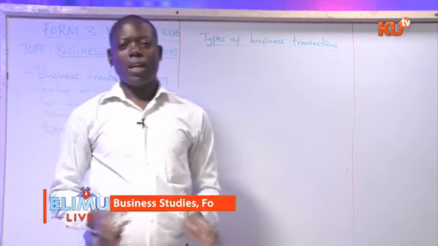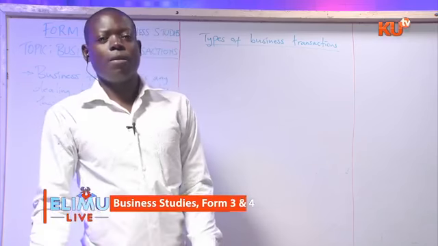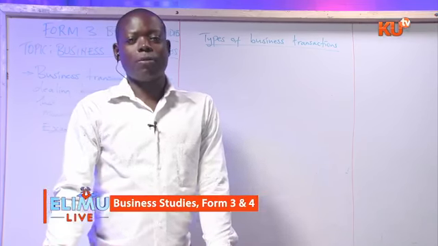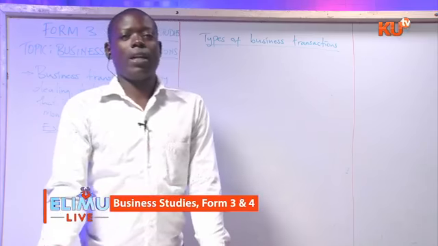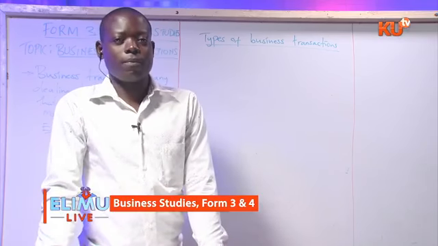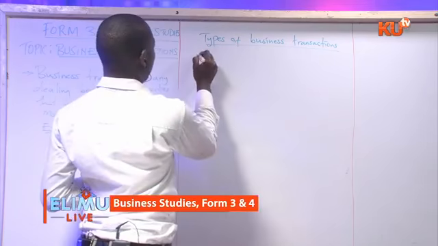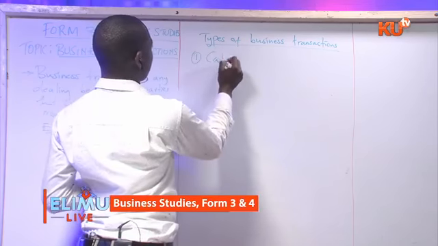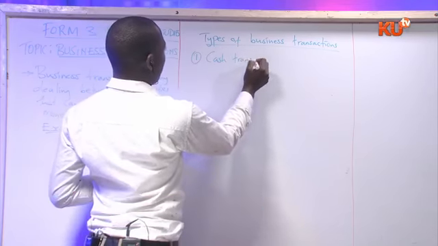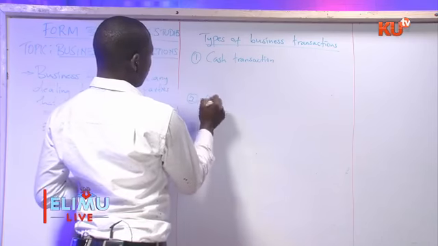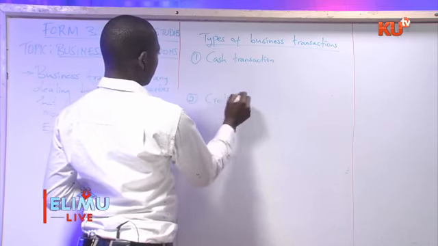Yes, students, what are the types of business transactions? Yes, there are 2 types of business transactions. What are they? Good. Number 1, we have cash transactions. And number 2, we have what we call credit transactions.